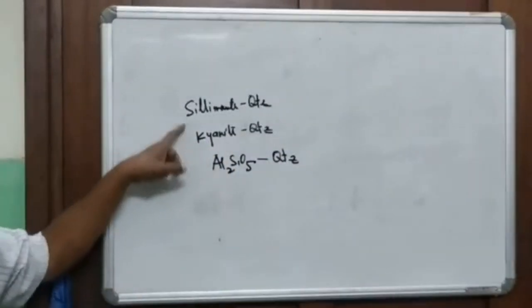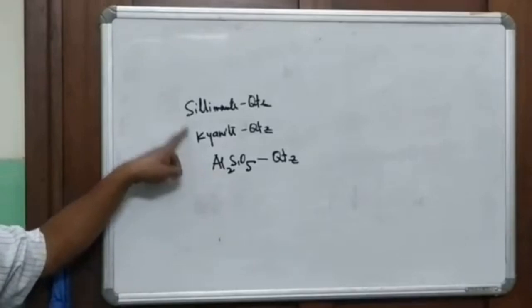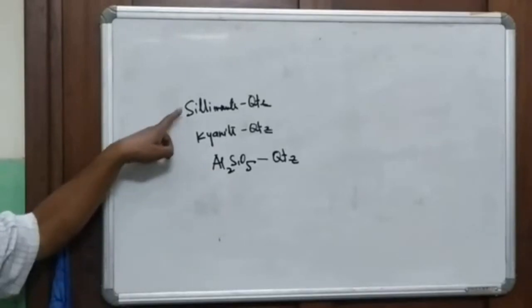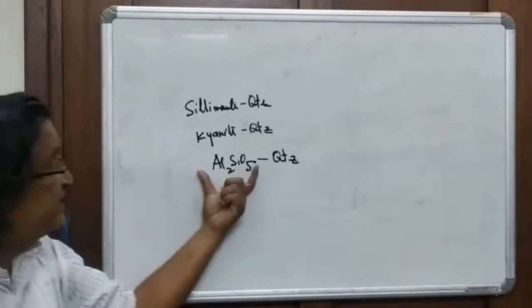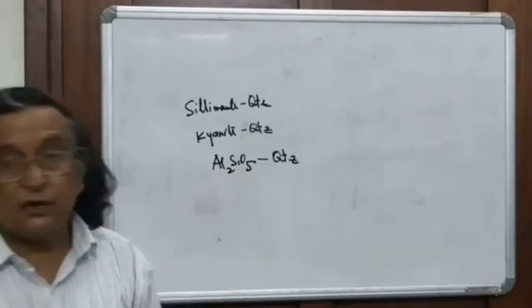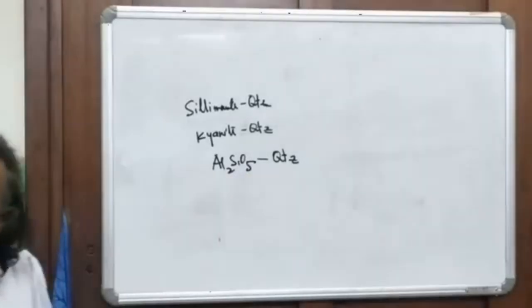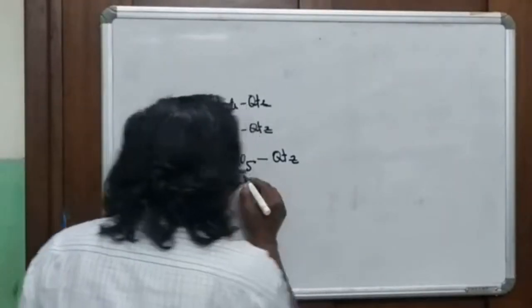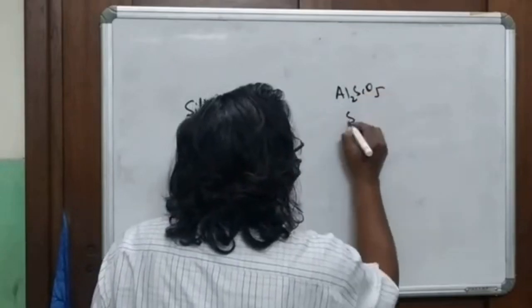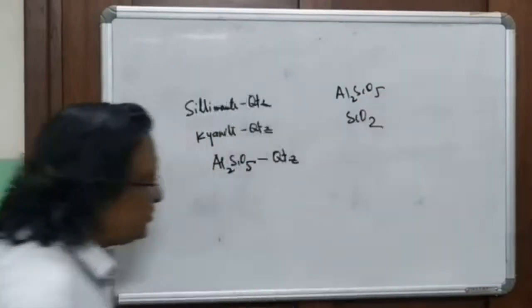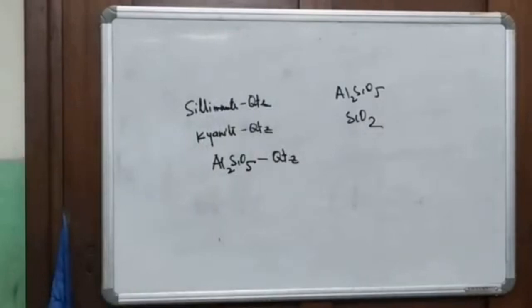It could be three if both sillimanite and kyanite are there, and if andalusite is also there, then it's a four-phase field. But whatever it is, it has an aluminosilicate and it has a quartz. Now what will be our phase component? This is Al2SiO5 and this is SiO2. Quartz is SiO2. So how many phase components?